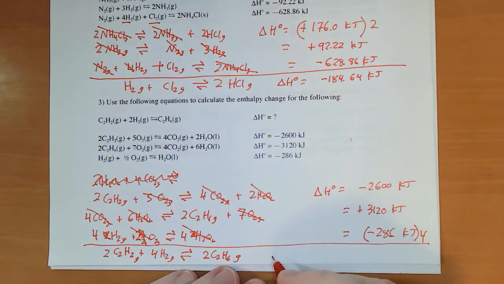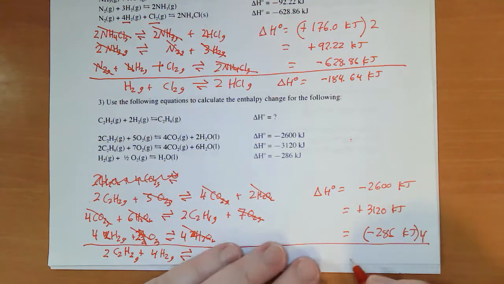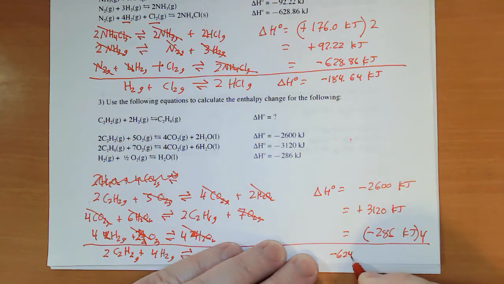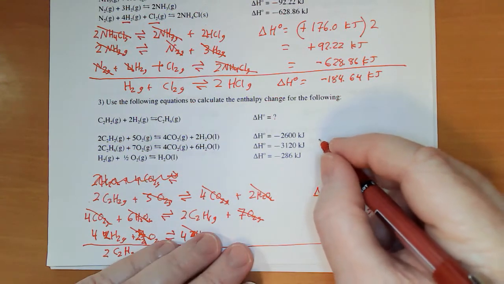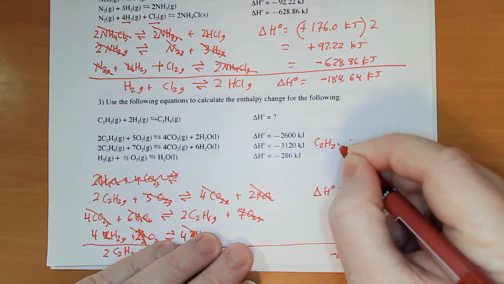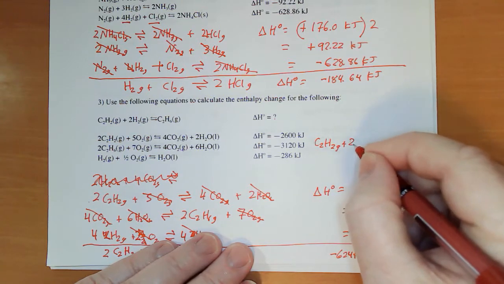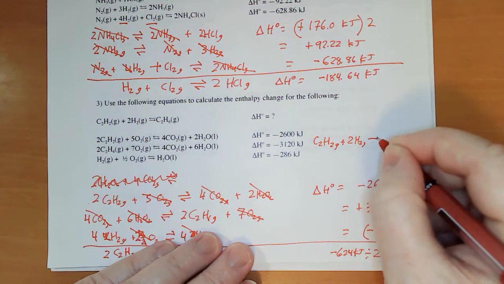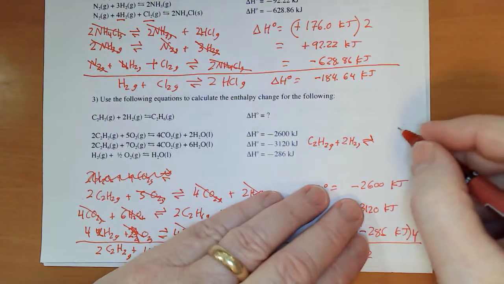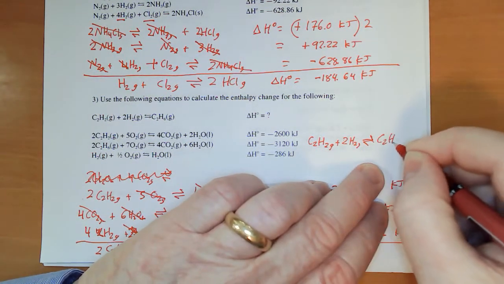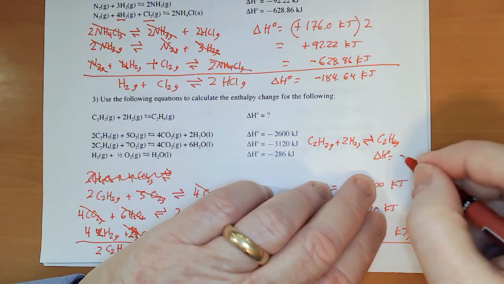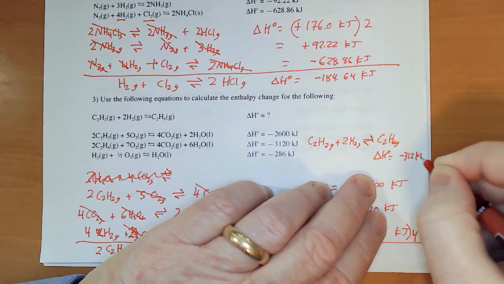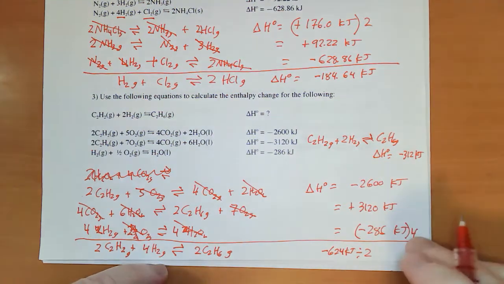And when I divide that by 2, I'll take the number that I got here, which was negative 624 kilojoules, and I'll divide that by 2. And that'll leave me with C2H2 gas plus 2 H2 gas to give me C2H6 gas and a delta H naught that equals negative 312 kilojoules.